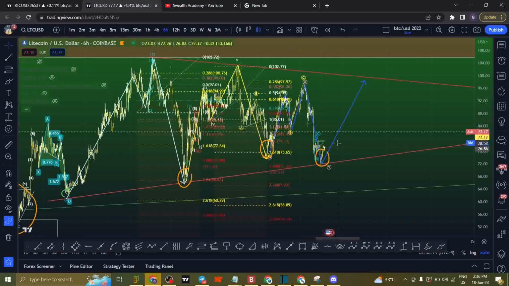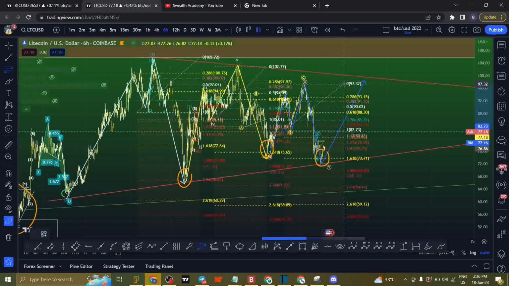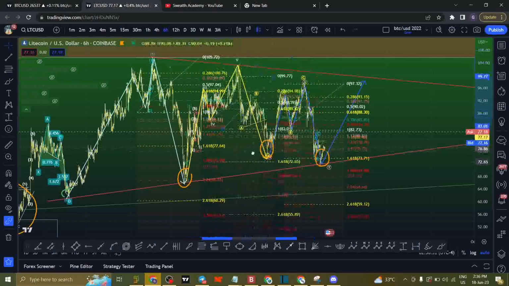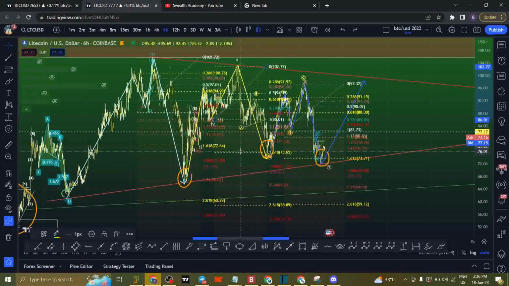So let's go ahead and find out where exactly we are on our last fractal. So I'm gonna go ahead, take the same exact measurement, and bingo, we have our 1.618 and the 1.86 confluence, similar to what we have with our second fractal, which, no surprise, triggered a major continuation to the upside.